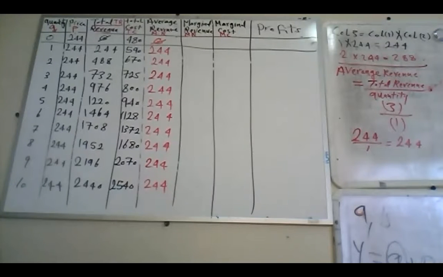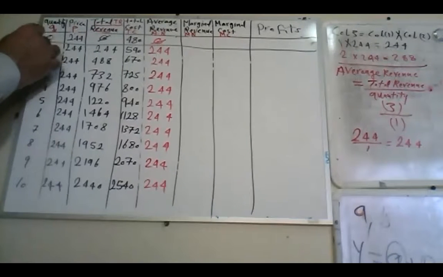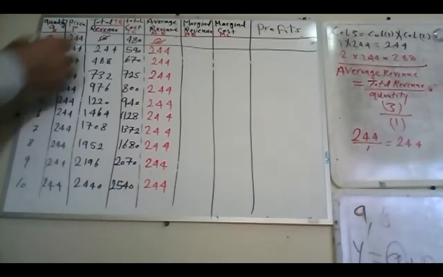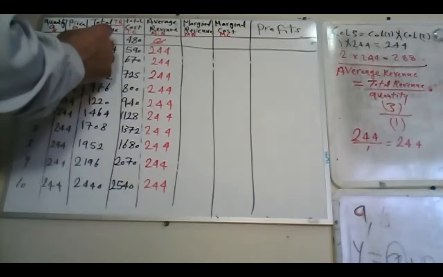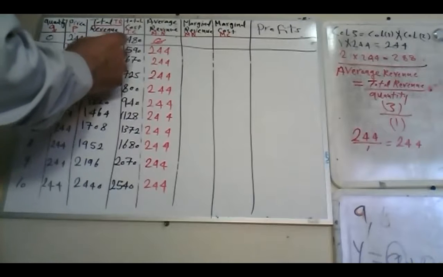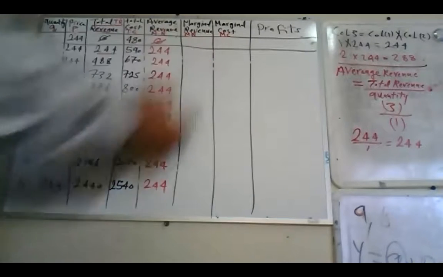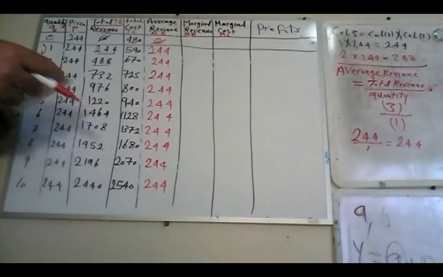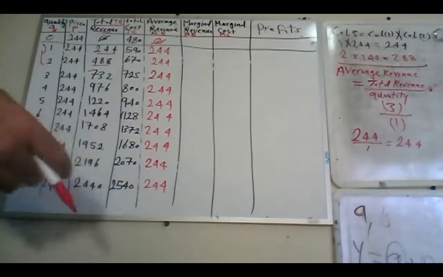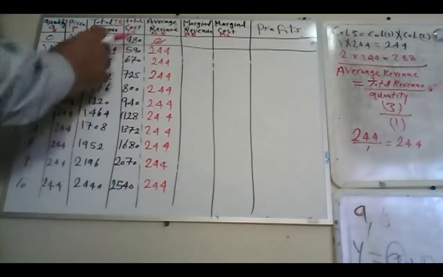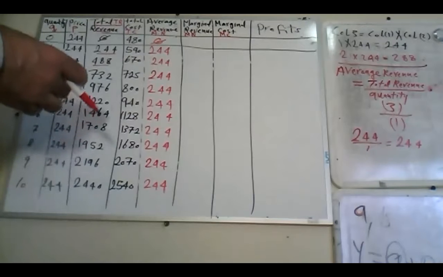Now we come to the marginal revenue column. What about the marginal revenue? It's the change in the total revenue. We said this before: the marginal is the change in the total. When we increase production by 1 unit, what happens to the total revenue? It is the difference between the total revenues, like 488 minus 244, which gives me the marginal revenue. Let's do it and see.